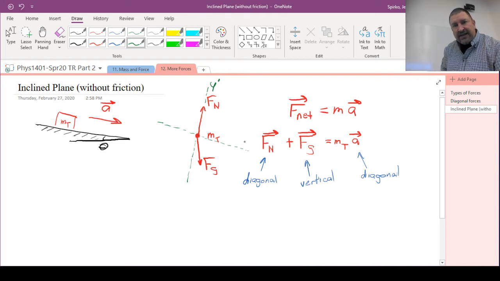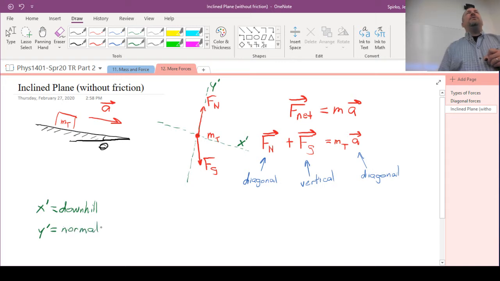And that's called the x prime axis. So x prime is downhill, y prime is the normal direction. That's the simplest word I can use to describe those things.